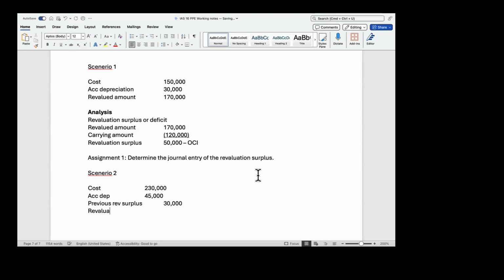We now have our revalued amount. Let's say our revalued amount is now 180,000.